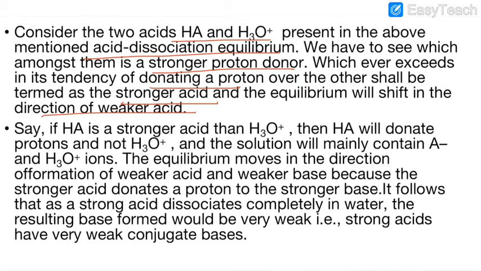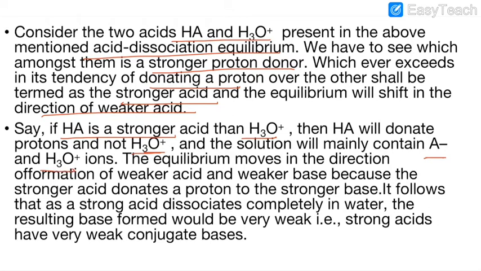If HA is a stronger acid than H3O plus, then HA will donate protons, not H3O plus, and then the solution will mainly contain A minus and H3O plus ions.